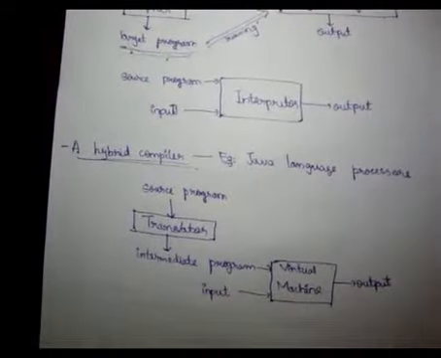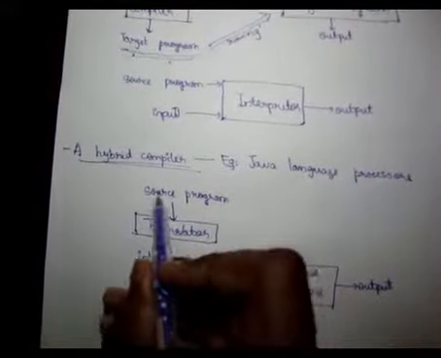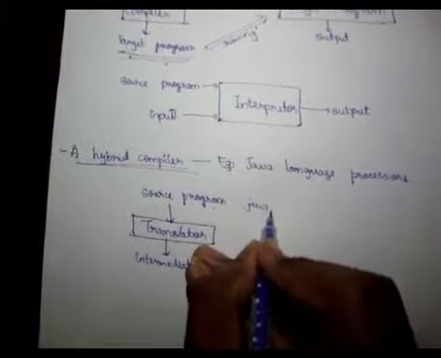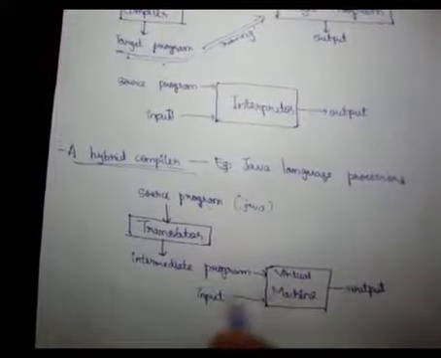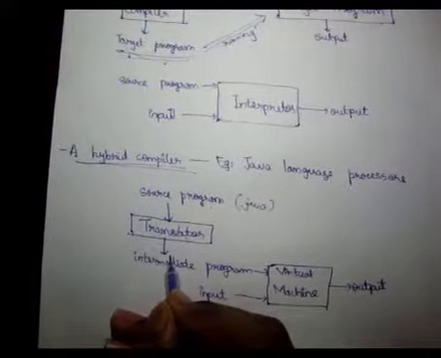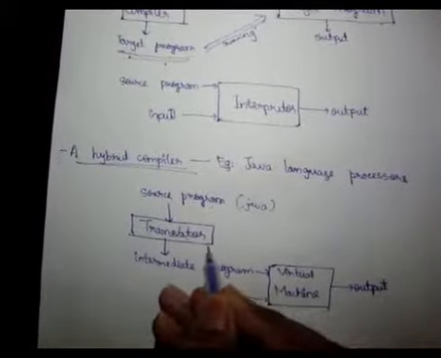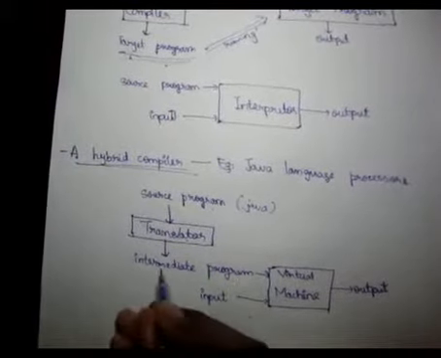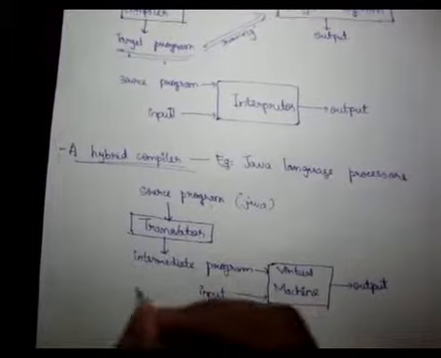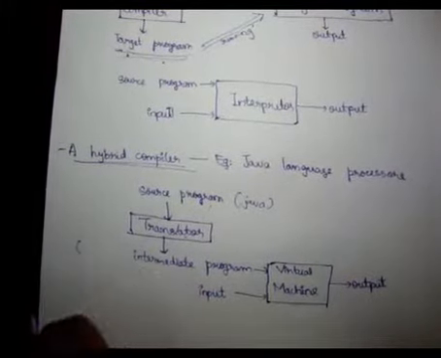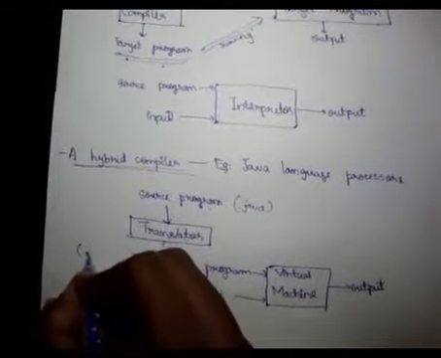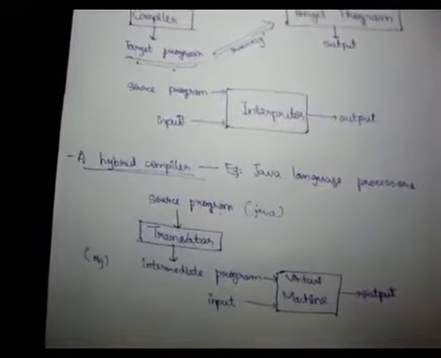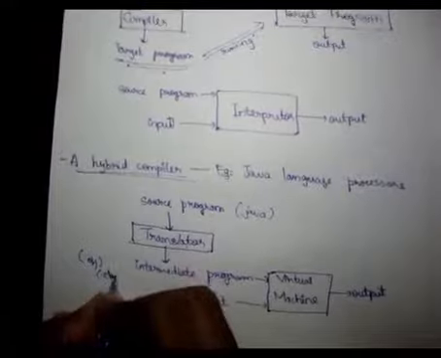In a Java language processor, the source program is given in the form of a .java file, and a translator converts it into an intermediate program, an executable object file, the .class file.